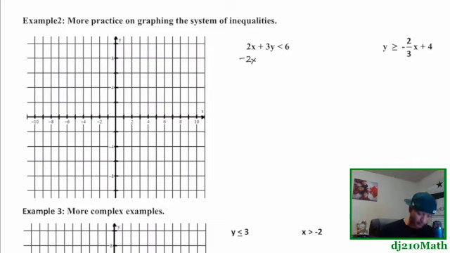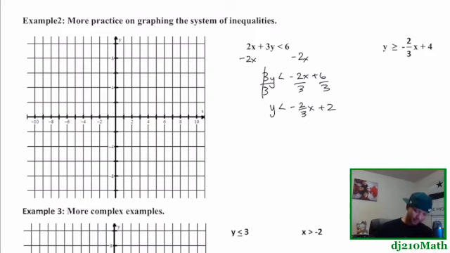So I'm going to subtract 2x from both sides. I always write it in a way that looks like y equals mx plus b, so I always write the x term first. Divide both sides by 3. So y is less than negative 2/3 x plus 2.